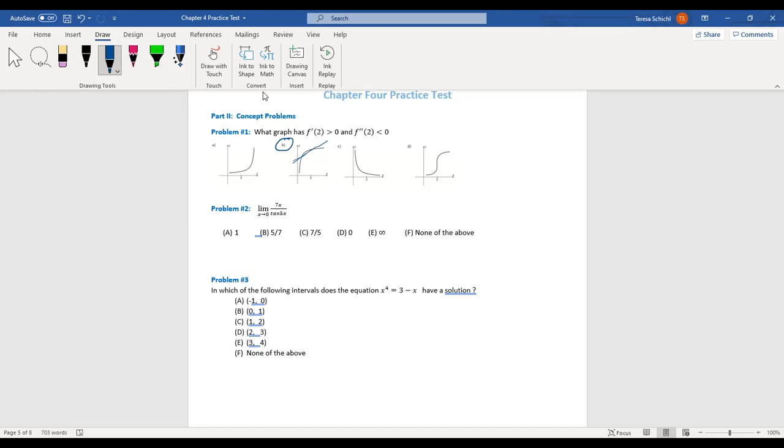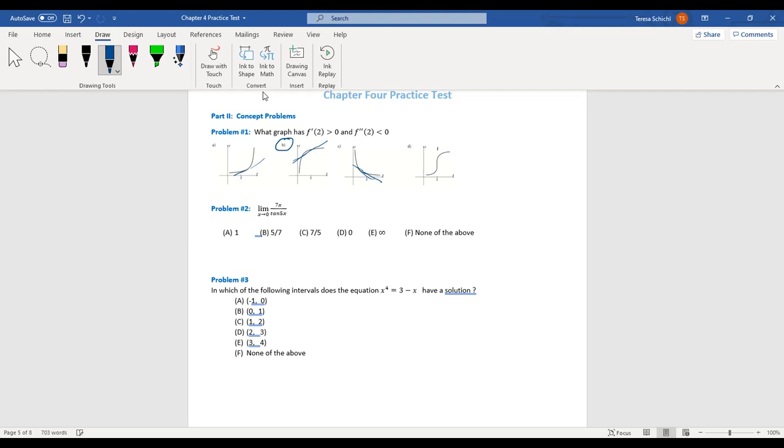Looking at the others: for this one, even at 2 the tangent line slope is positive, but it is bending up, so it is concave up, and f double prime of 2 is not less than 0. For this one, the tangent line at 2 has a negative slope, so it does not satisfy the first condition.